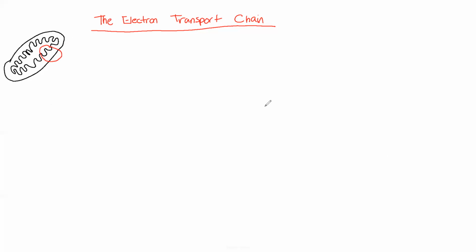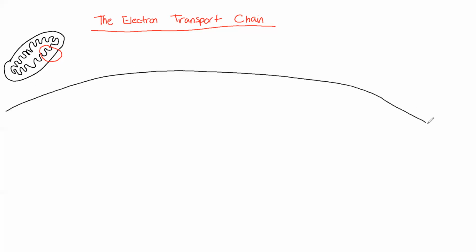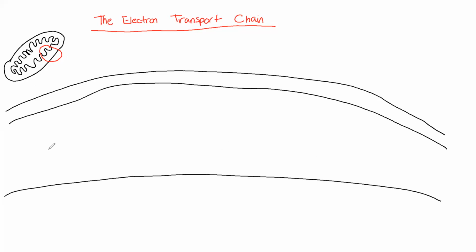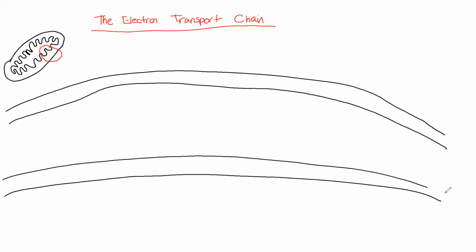So let's kind of zoom in and draw this out a little bigger, these 2 membranes. So here's our outer mitochondrial membrane. And then here's our inner mitochondrial membrane. Okay.